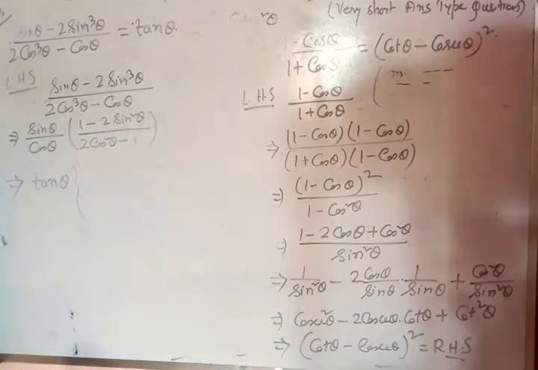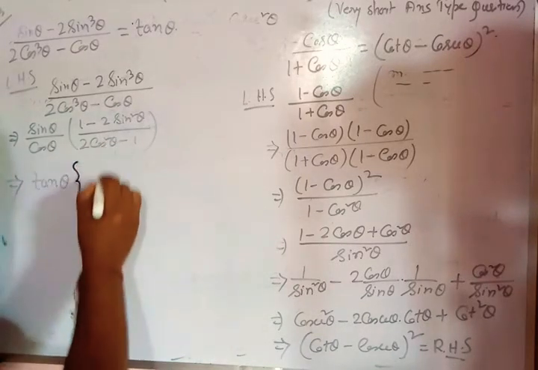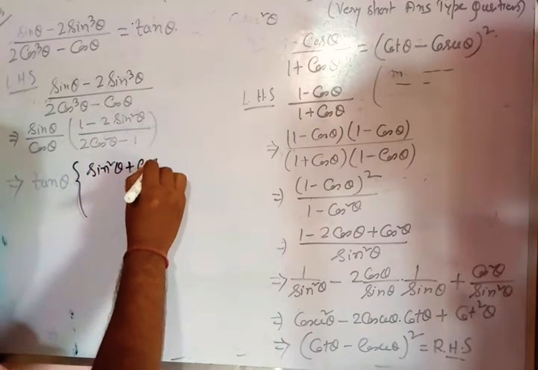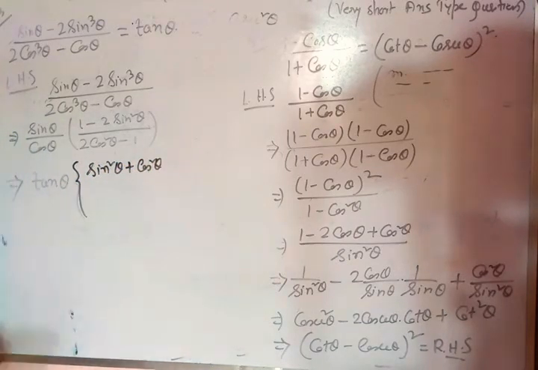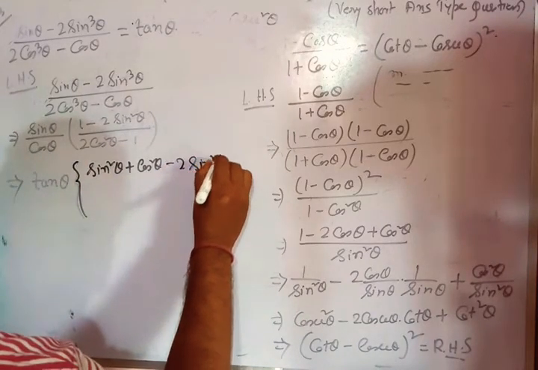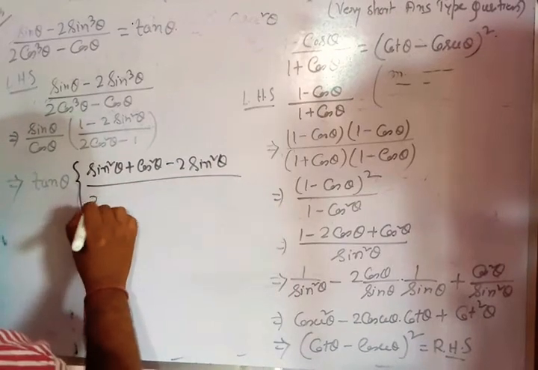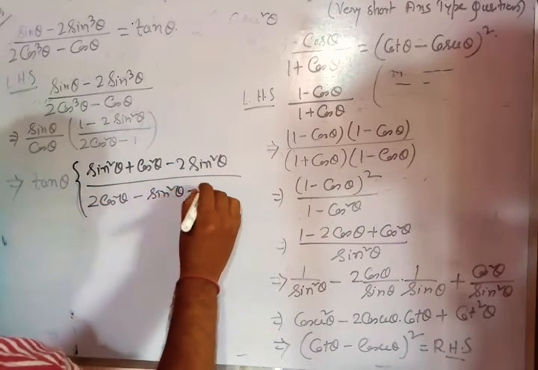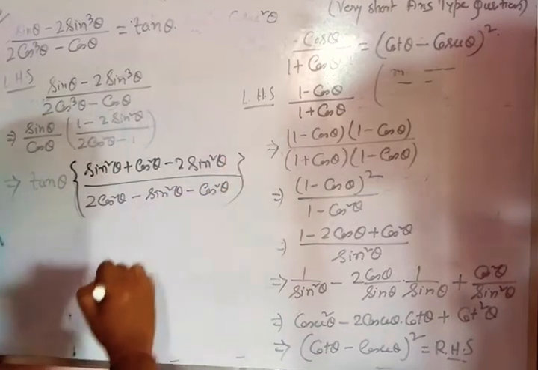We know that sin square theta plus cos square theta is equal to 1, so the numerator becomes sin square theta plus cos square theta minus 2 sin square theta, and the denominator becomes 2 cos square theta minus sin square theta minus cos square theta.